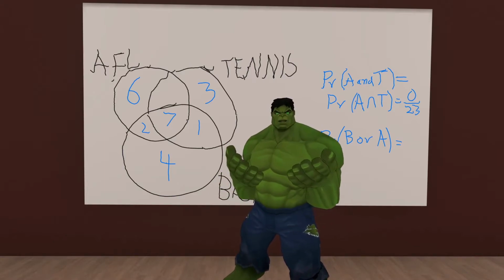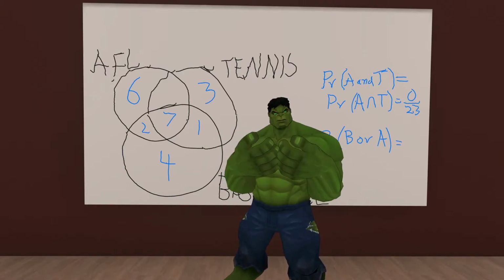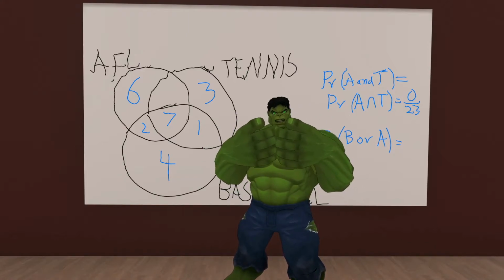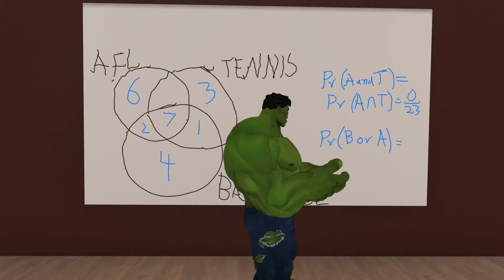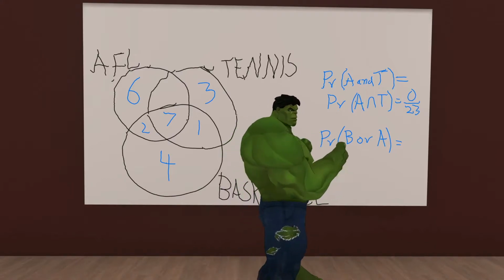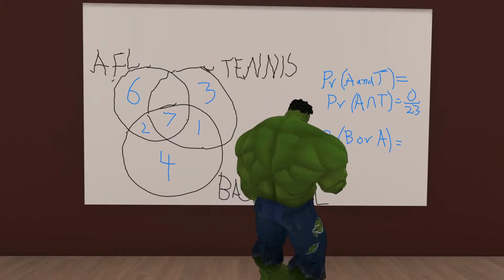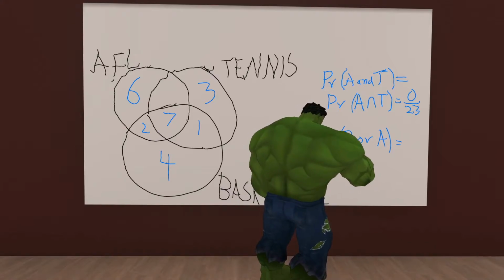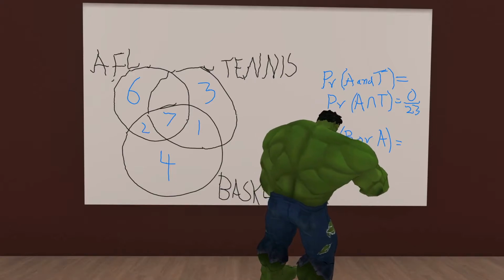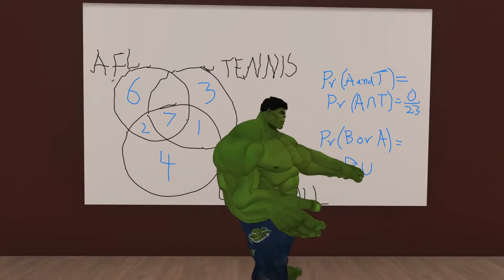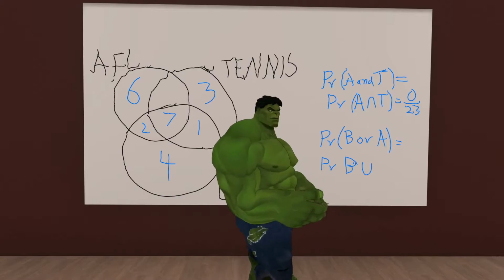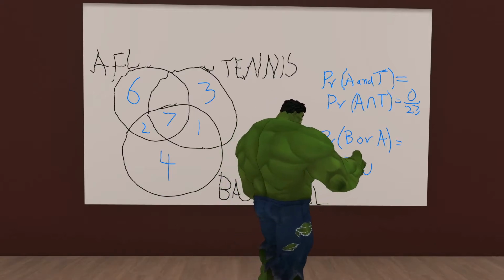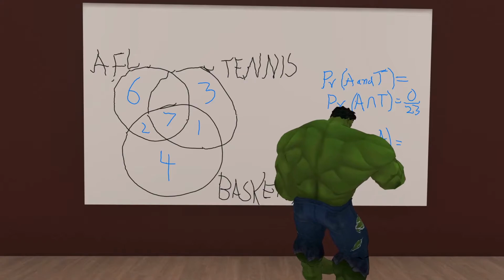So one way you can remember it is when two people get married, that's a union. So it's the combining of two different things. So we can write this, and you might have guessed from the word that I'm using, we can write this as PR of B with what looks like a U for union. B with the union of A.